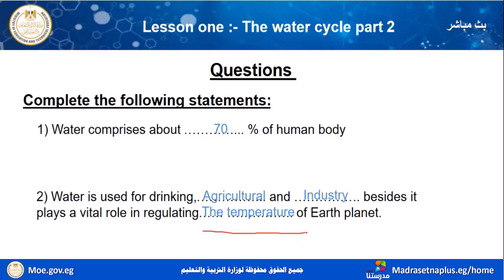So when sun rays fall on water bodies, they heat very slowly. And at night, when water loses temperature, it loses it very slowly also. So water regulates the temperature of the Earth's planet. So water is used for drinking, agriculture, and industry. Besides, it plays a vital role in regulating the temperature of the Earth's planet.